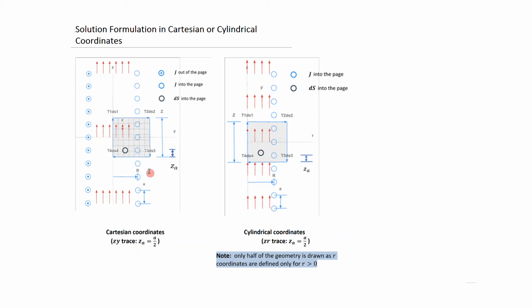The distance between the center of a particular winding and the halfway point between 2 adjacent windings is ZA. The contour chosen here is rectangular, and the reason is the conditions that we discussed earlier: F parallel to T, F uniform, F perpendicular to T, or F equal to 0.